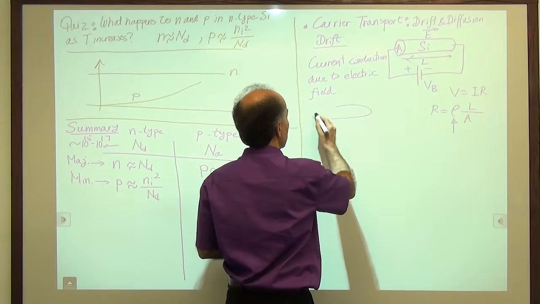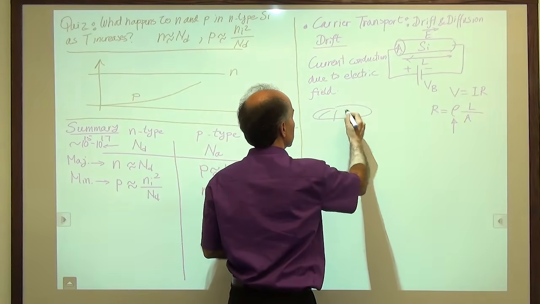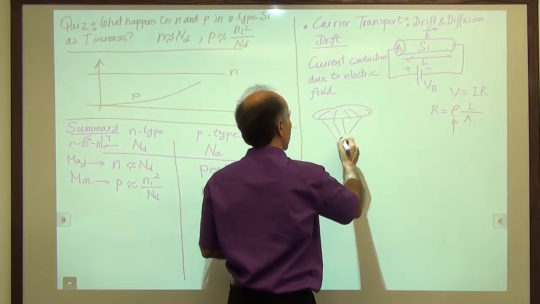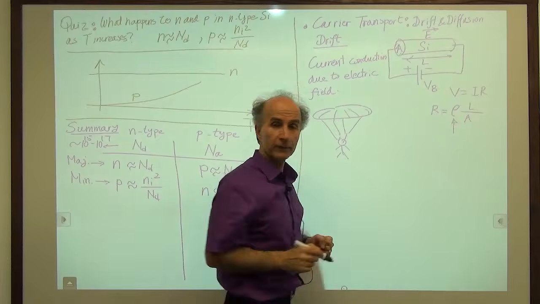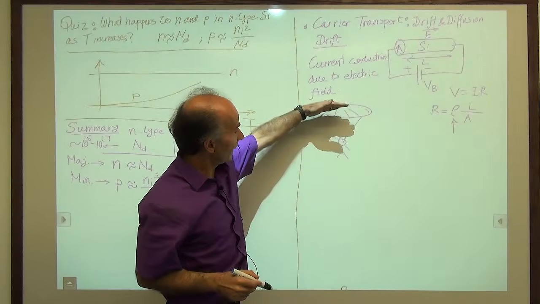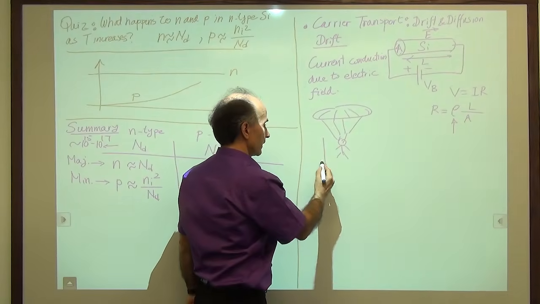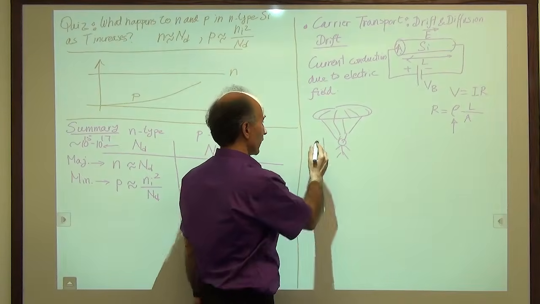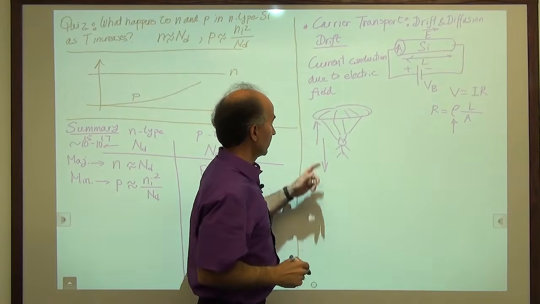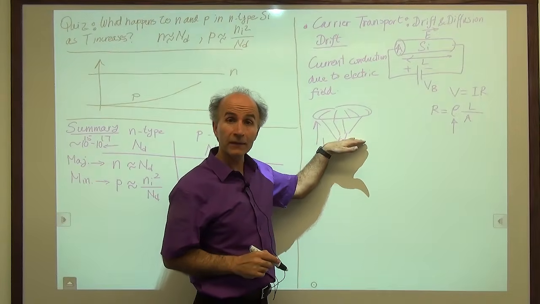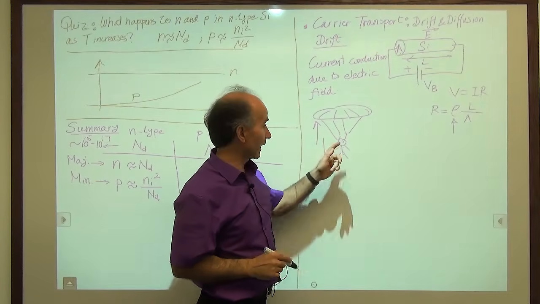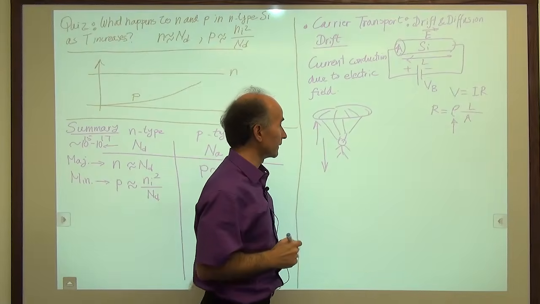So if this is your parachute, and you're hanging here for dear life, we know that even though there's gravity this way, there's also air resistance this way, and eventually these two cancel each other, and we end up with a constant velocity. And that constant velocity is called terminal velocity.